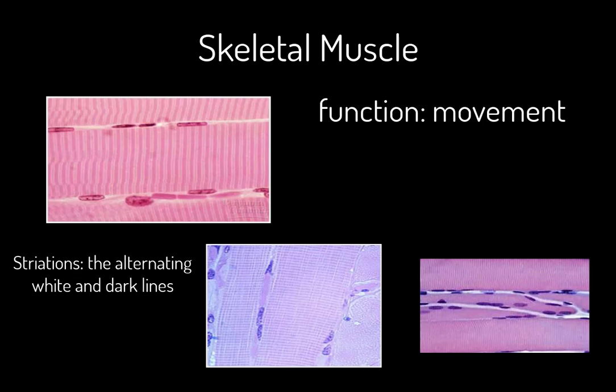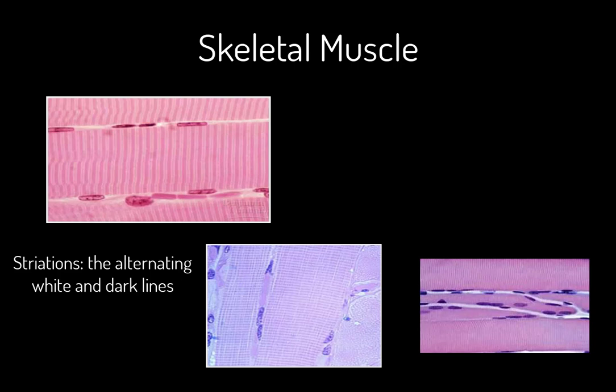If you look at skeletal muscle, one of the things you can use to tell that it's skeletal muscle is that the nuclei are pushed off to the side and there's more than one of them. So it's multinucleated and the nuclei are kind of pushed off to the side. Also, if you look at the muscle fibers, they do not branch, they just keep going in one direction.